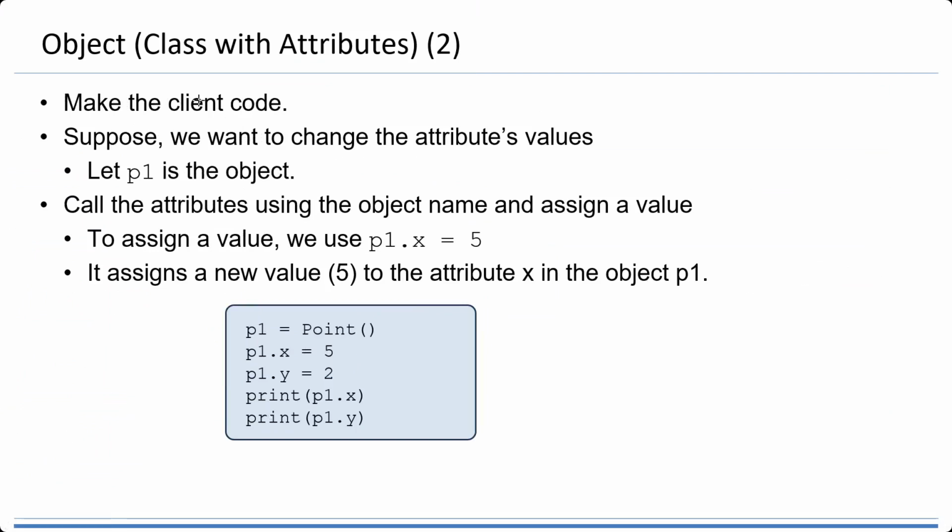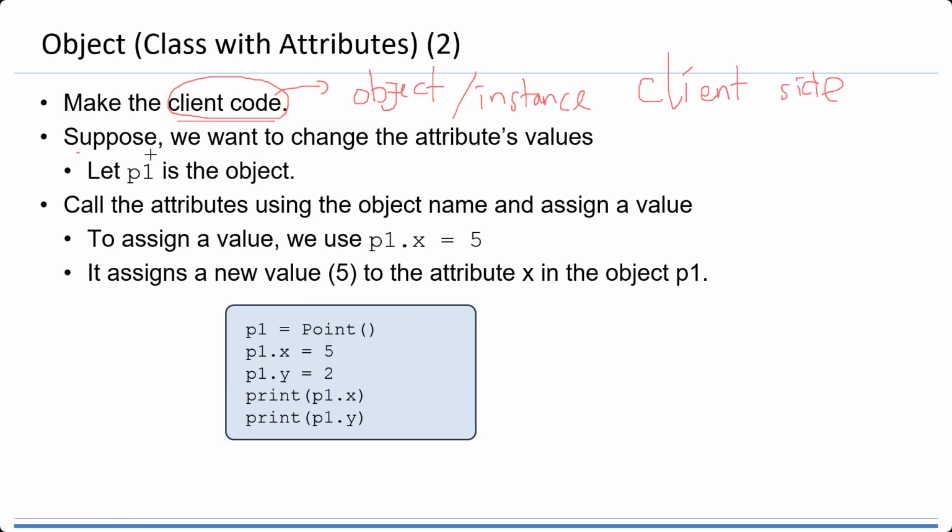Client code means we want to call the class, or we want to create objects, we want to create instances on the client side. That's why in some literature, they mention this is the client code, because we want to call the class.